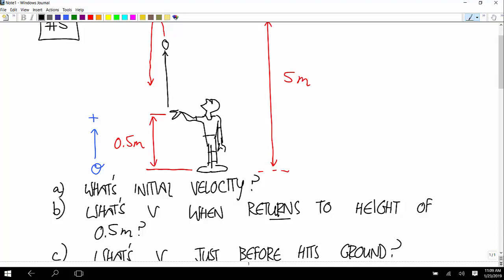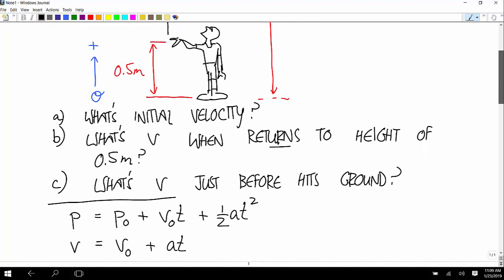And in these kind of problems, there are only 6 or 7 variables that can come up.